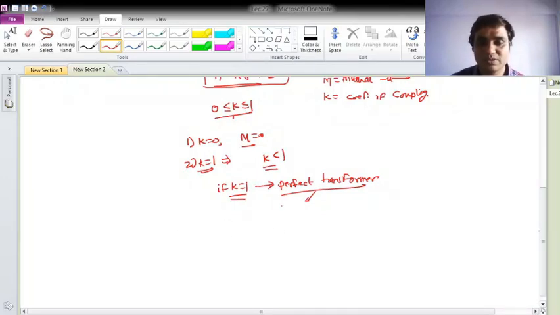Now there is one more word called ideal transformer. What is the difference? How can we differentiate the perfect transformer and the ideal transformer?